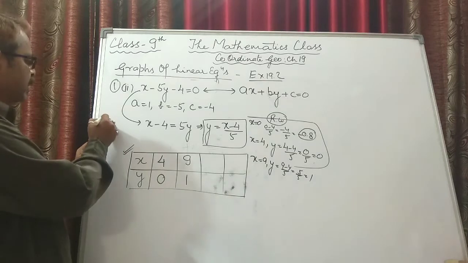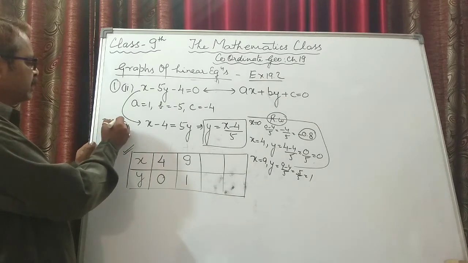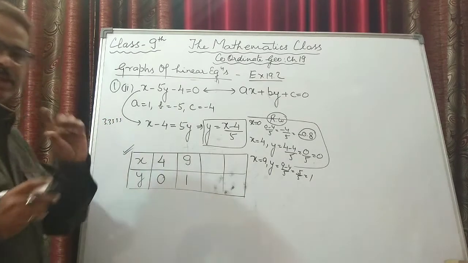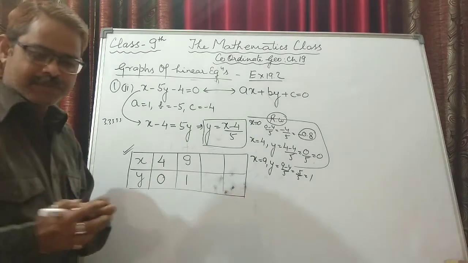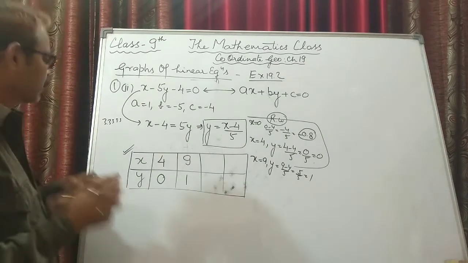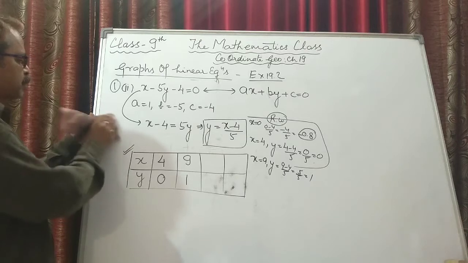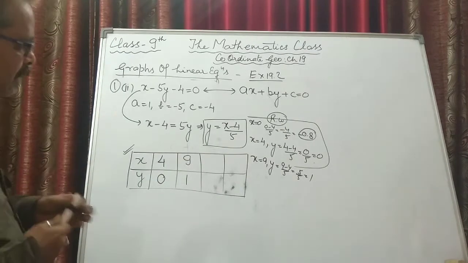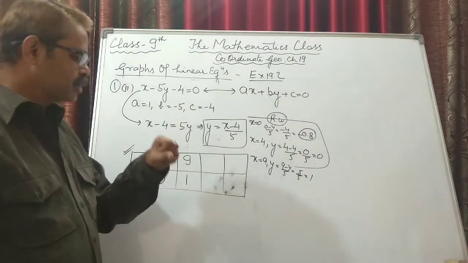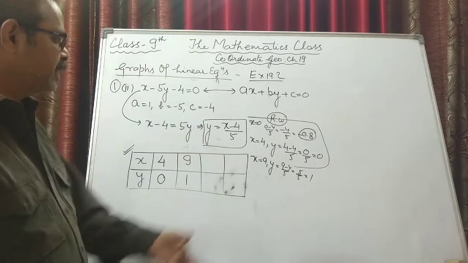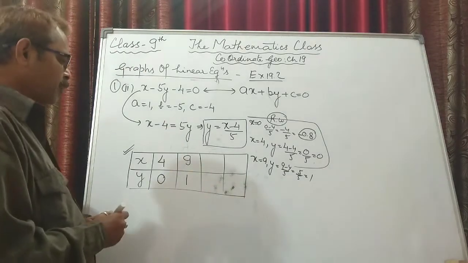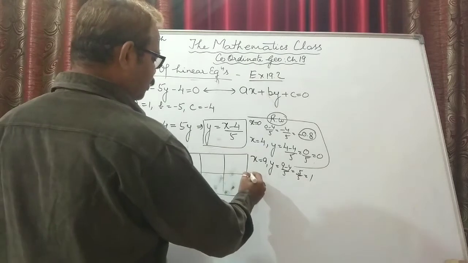If I get 3.3333 like this, though it will satisfy the equation, it won't be possible on the graph to mention this particular number. That is why I am trying to find whole numbers, which are easily plotted. Now let us take a negative value.